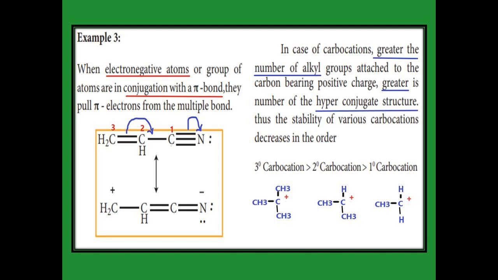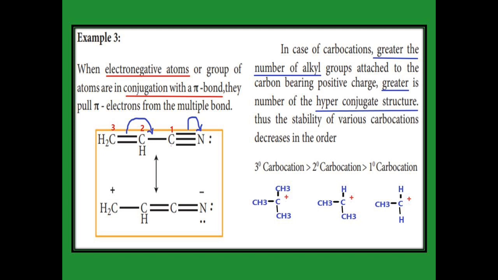One of the double bond's pi electrons moves toward the first and second carbon. Now in the second structure, the first and second carbon contain a double bond, and carbon and nitrogen become a double bond. Here the nitrogen gains the electron from the triple bond, so it has a negative character, and the second and third carbon lose the electron, so the third carbon now has a positive character. So here the sigma bond undergoes delocalization, so it is a hyperconjugation effect.